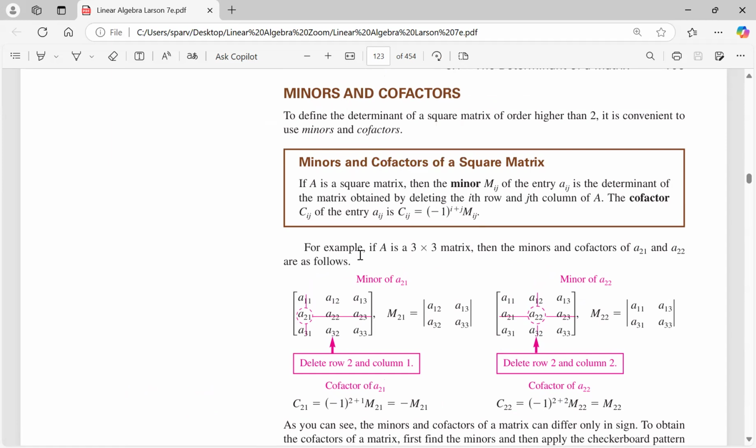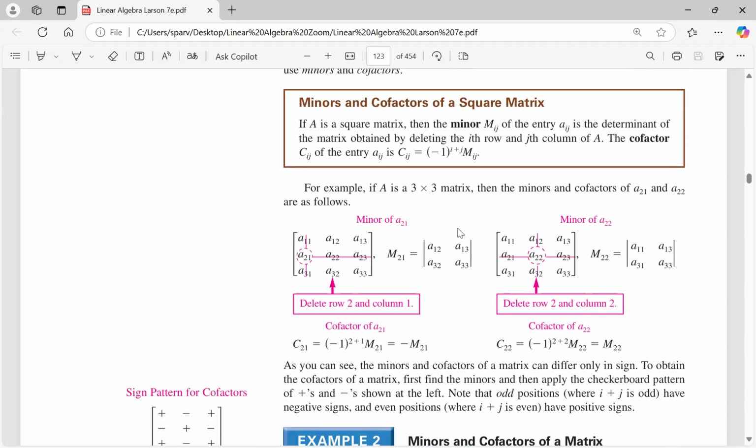Now, of course, this is just the definition of what is a minor, what is a cofactor, but in a moment, you'll see the determinant using expansion by cofactors. But before we get to the formula for the determinant, let's determine what we mean by minors and cofactors. So again, emphasis on a square matrix.